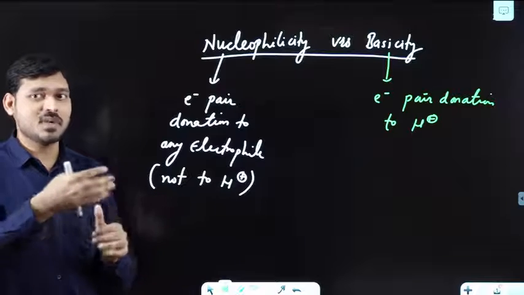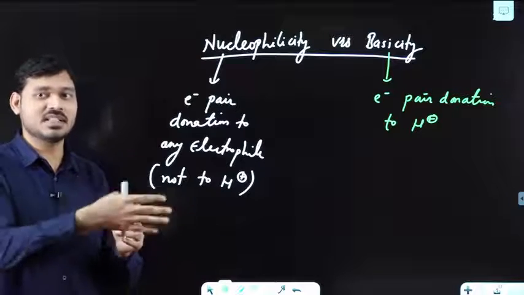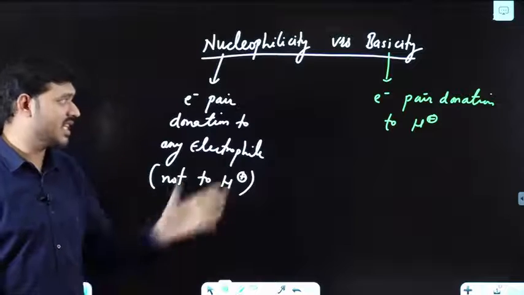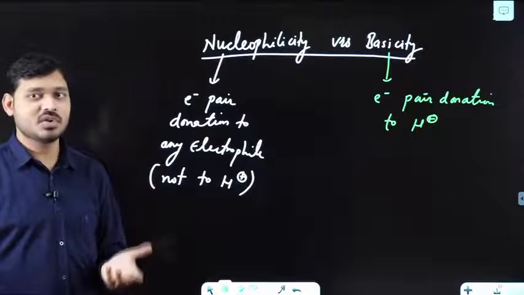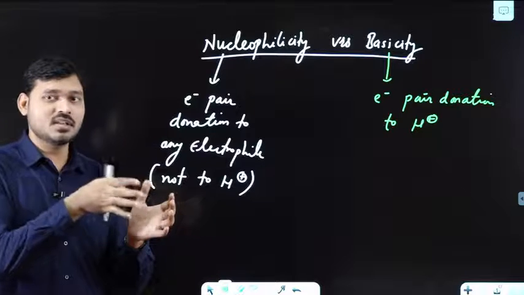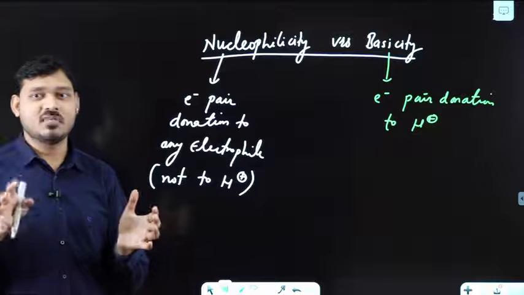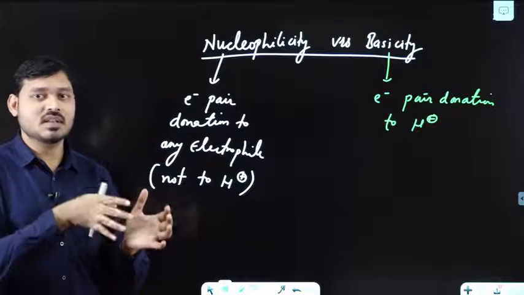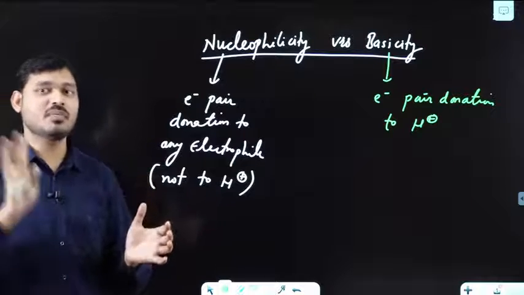When it is about H plus, we say basicity. Clear? Because H plus is also an electrophile. So when some species gives its electron pair to H plus, it will be basic in nature. But if it donates to someone else rather than H plus, then it will be nucleophilic in nature.